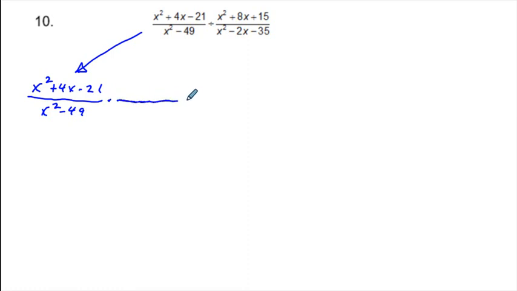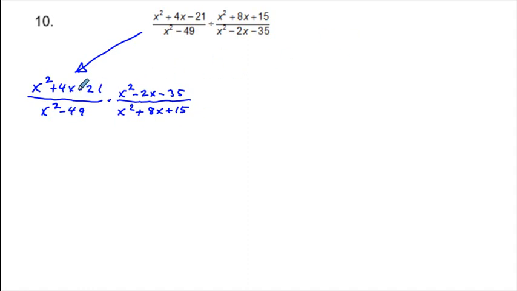Dividing by a fraction is the same as multiplying by its reciprocal. So I'm going to rewrite this as times the reciprocal, which is going to be x squared minus 2x minus 35 over x squared plus 8x plus 15.